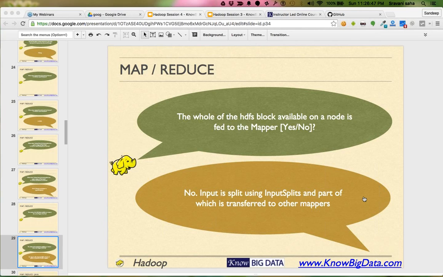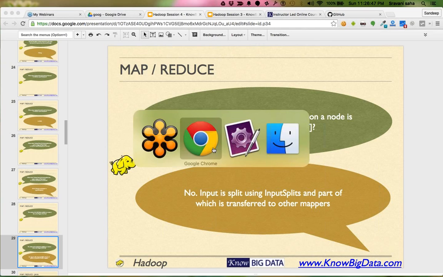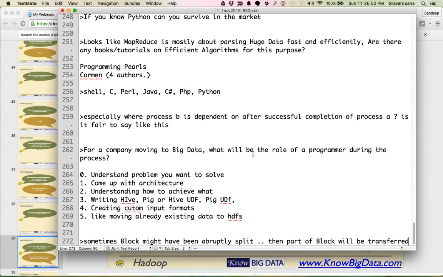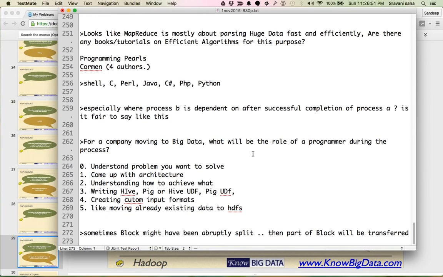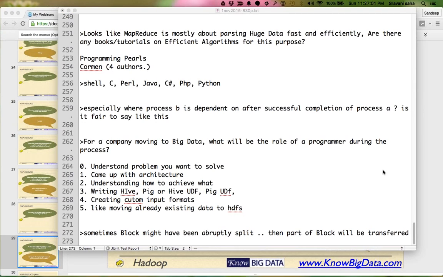Yes, Pavan, that's correct. Pavan's answer is, I'll just put it for everyone. Sometimes a block might have been abruptly split. Then part of the block will be transferred somewhere.